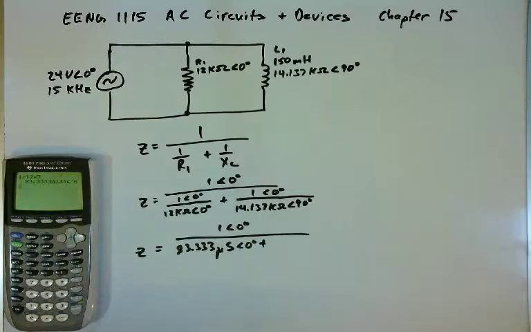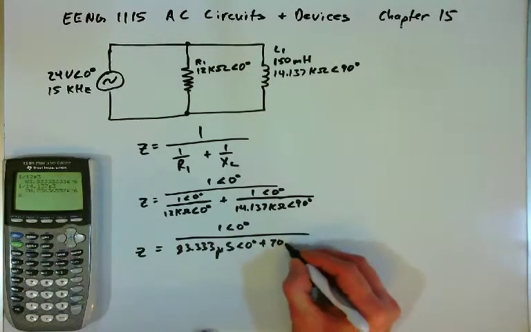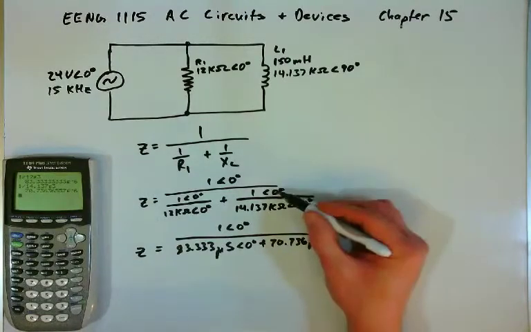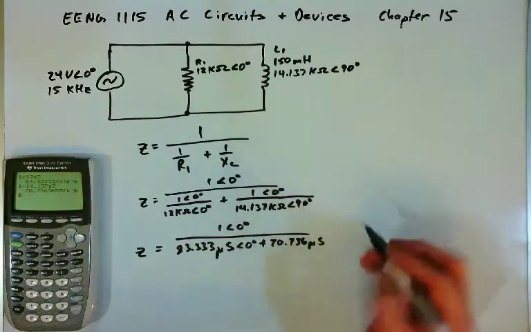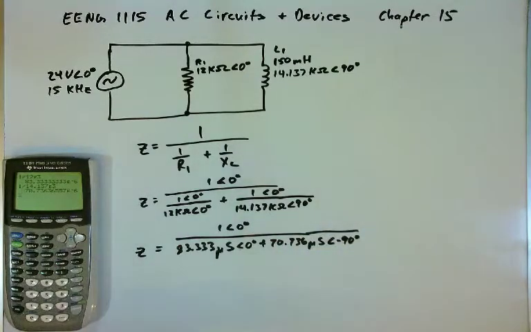Plus, for the inductive reactance, we have 1 divided by 14.137 kilo. The magnitude will be 70.736 micro Siemens. And then we subtract the angles. 0 minus 90 is negative 90 degrees.